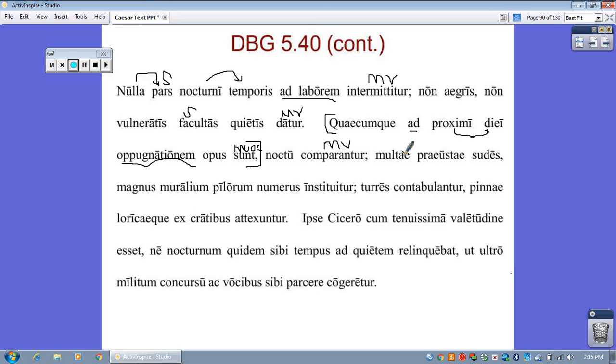So we have multi, priustai, sudes. Those are all nominative. And multi and priuste are describing sudes, which is the subject, one of the subjects. But then we have magnus, another nominative word, moralium pilorum, those look genitive to me, numerus, so magnus goes with numerus, a great number.